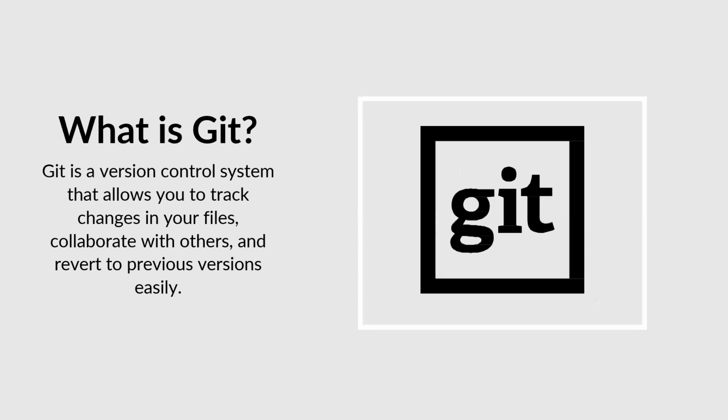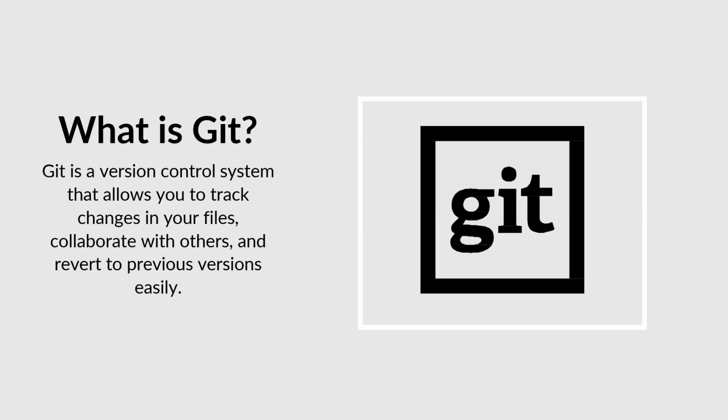So Git is a version control system. Now the first thing again, what actually is Git? We know Git is a version control system, but what is a version control system? A version control system is a software that tracks and manages changes to the files over time. Maybe you are working on some projects and you're making changes with time.